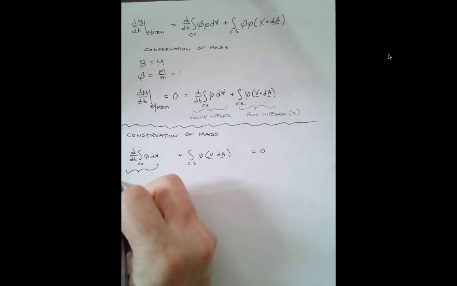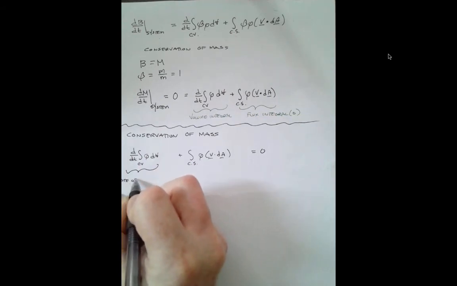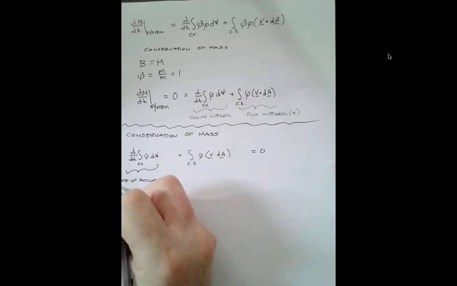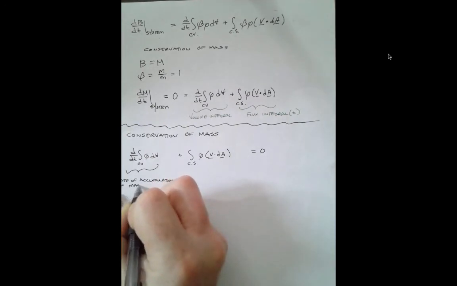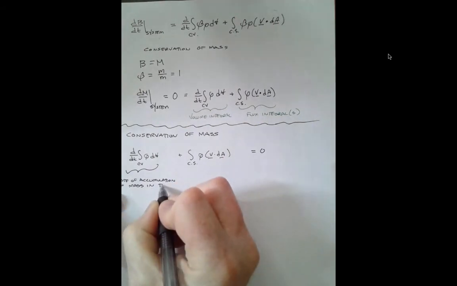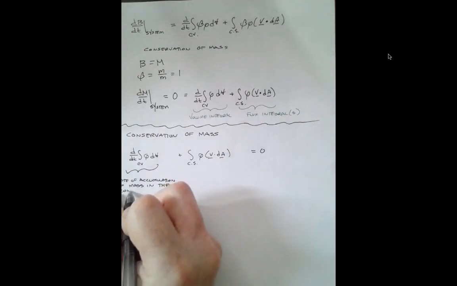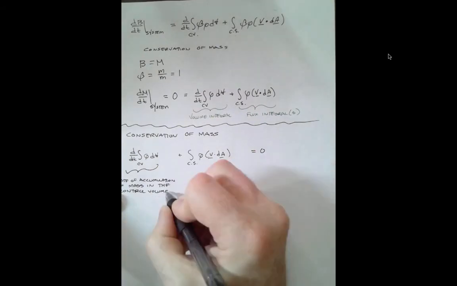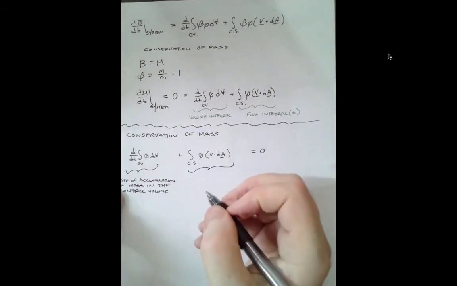So let's look first at the volume integral. This is simply the rate of accumulation of mass in the control volume. These are the flux integrals.